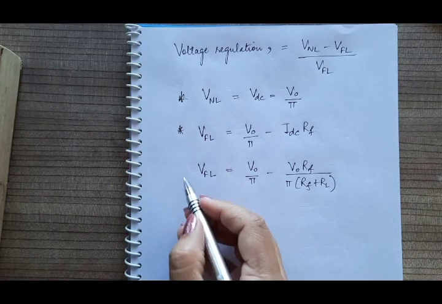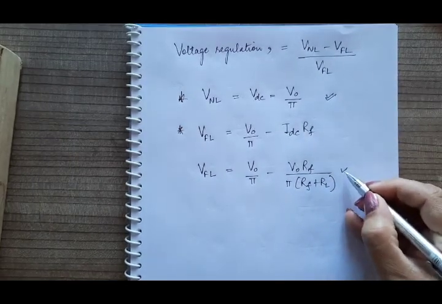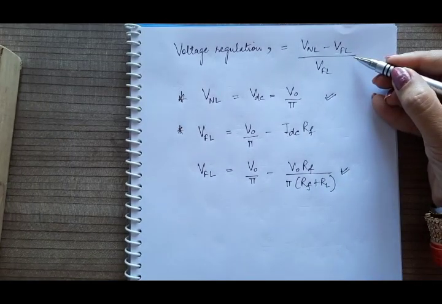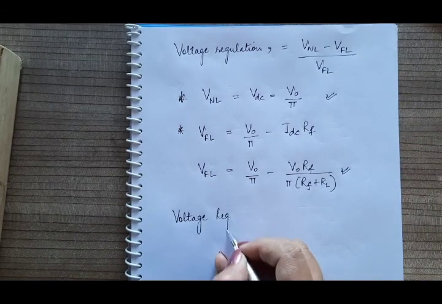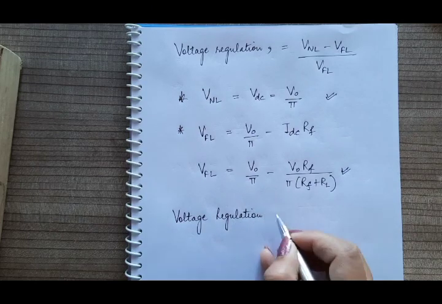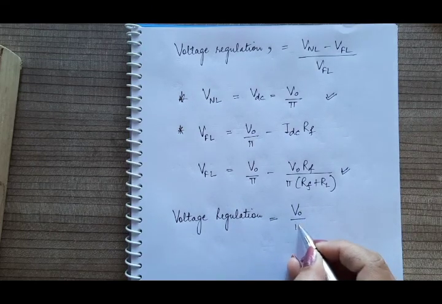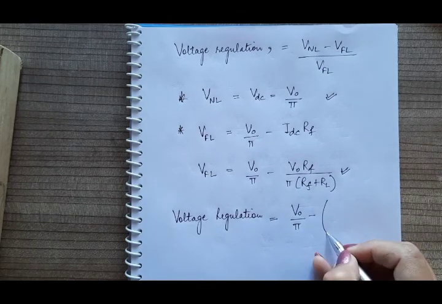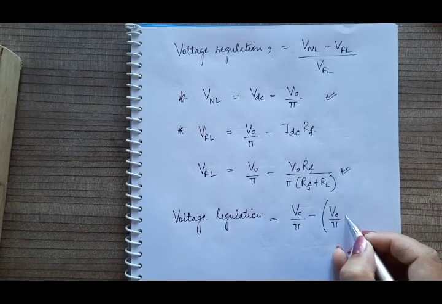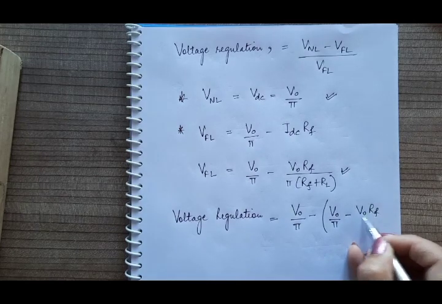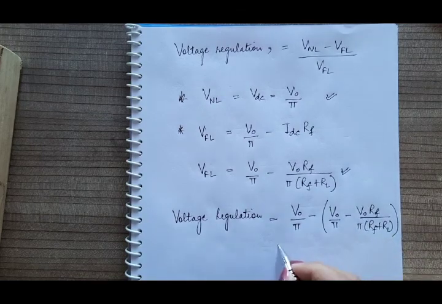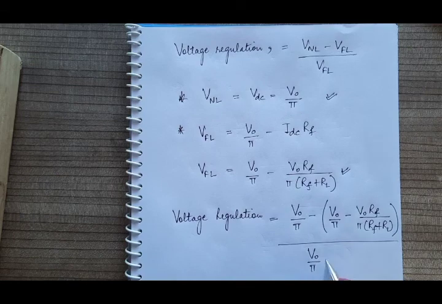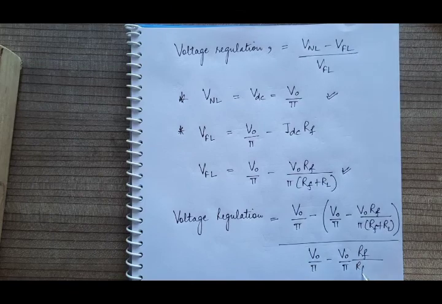So now put both these values, this and this, in this equation of voltage regulation. So voltage regulation comes out to be V0 by pi minus V0 by pi minus V0 RF upon pi RF plus RL, upon V0 by pi minus V0 by pi RF upon RF plus RL.